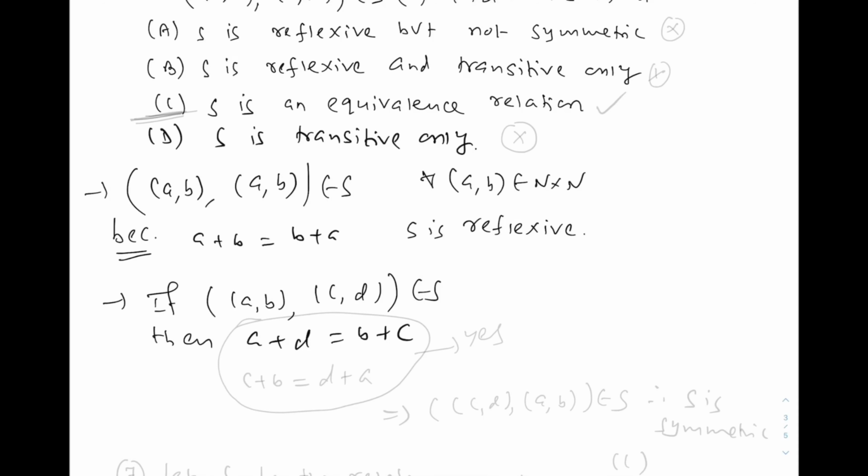And for symmetric, we need (c, d), (a, b) belongs to S, like this. And when does (c, d), (a, b) belong to S, the result is like this. See here, a plus d, so here c plus b.